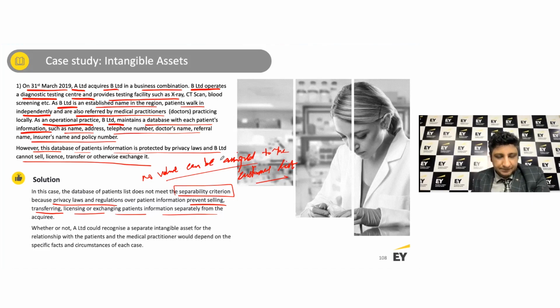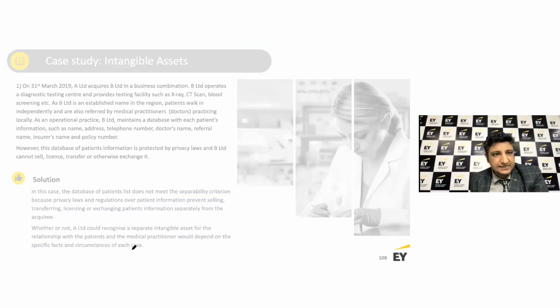In general, whether you can consider the relationships as an intangible asset would certainly depend on a lot more information. But as far as the list is concerned, there's no reason to believe that it can be recognized separately as an intangible asset.